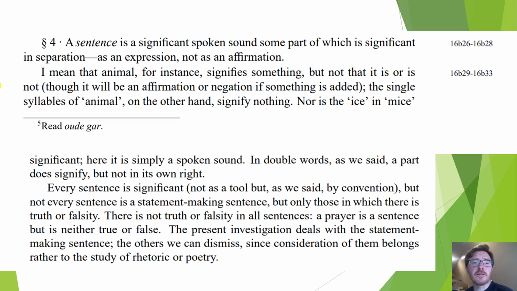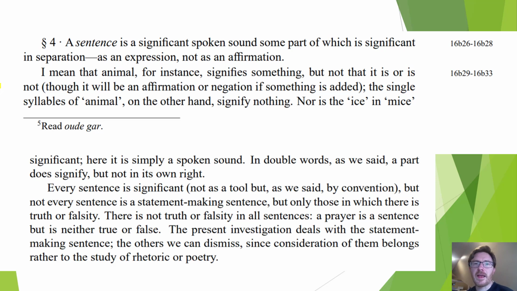There's only one affirmation in a sentence, the way we're looking at it right here, a simple sentence. He says, "I mean that animal, for instance, signifies something, but not that it is or it is not." We're not talking about the animal existing, "though it will be an affirmation or negation if something is added. The single syllables of animal, on the other hand, signify nothing."